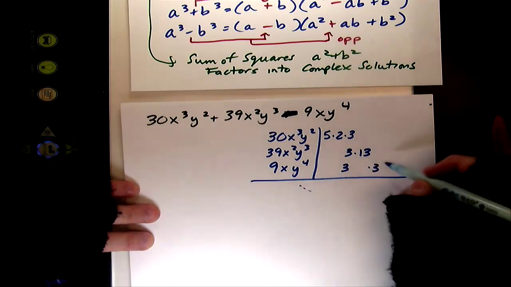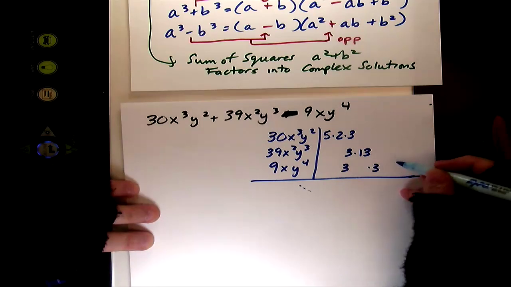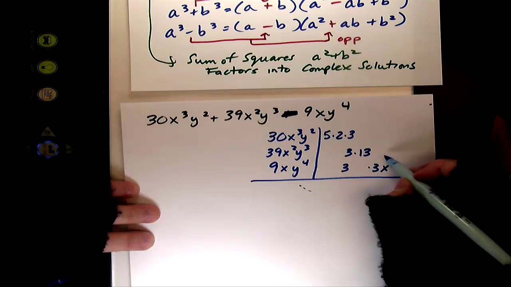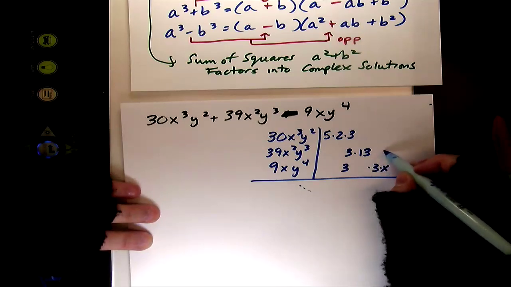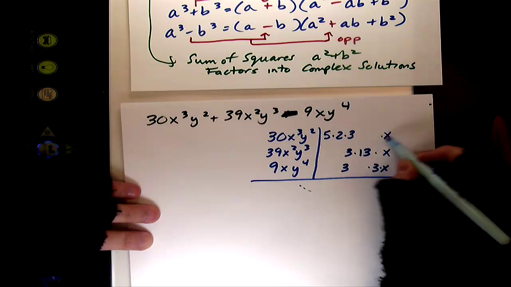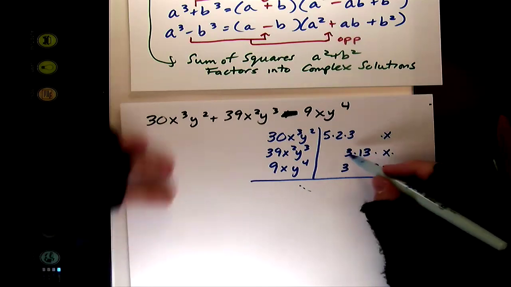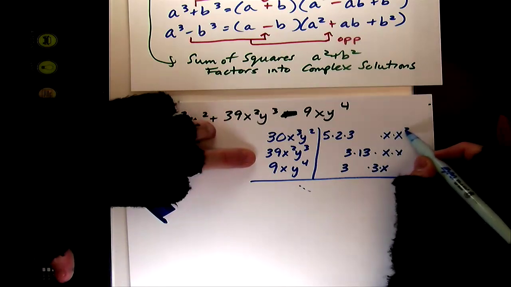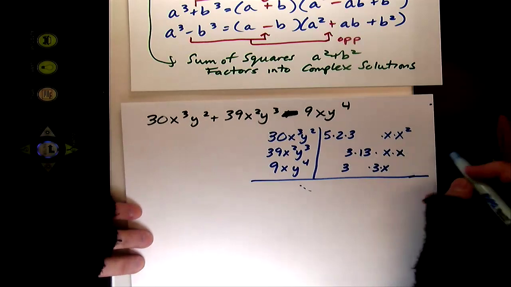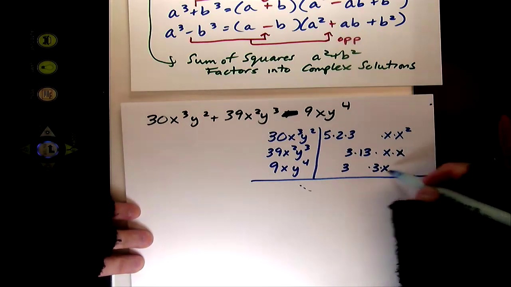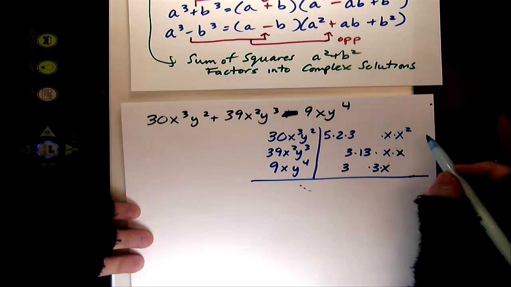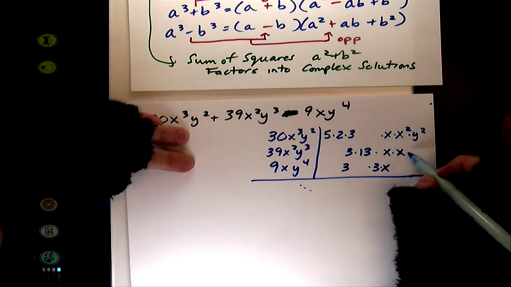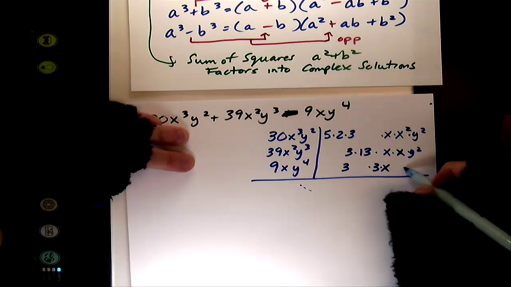Then I'm gonna go with the x's and go with the smallest exponent first. 9x has an exponent of 1, so this has an x, which means these all have an x. And this one has an extra x, and this one has an extra x squared. And this is where I stop stacking columns because it gets a little tedious, but at least do the first column stat. And then y's, this has a y squared. That's the lowest exponent, so they all have a y squared.